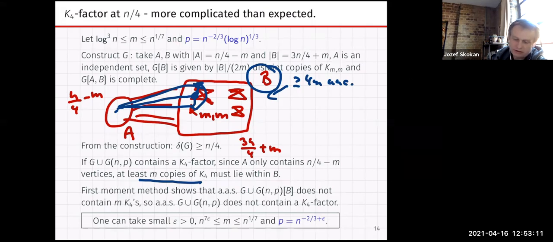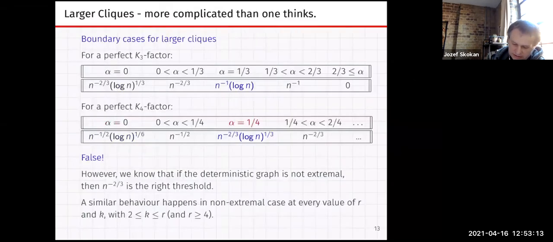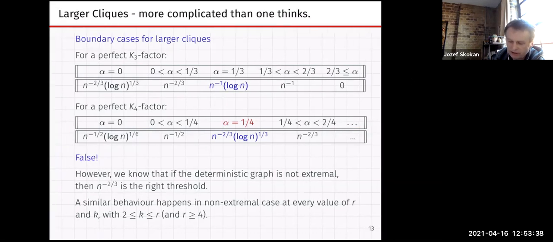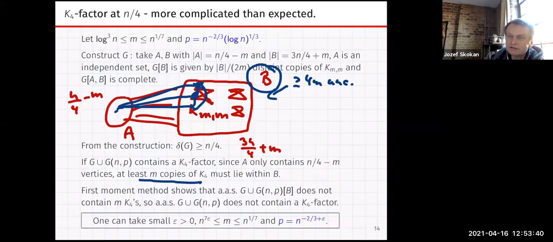So not only does this not work, it will not be n to the minus 2/3 here. It will be something between n to the negative 1/2 and n to the negative 2/3, and it's not clear what it is. So it's not about guessing logs. It's actually about looking at what the right power will be, and I somewhat don't have a good guess to entertain.